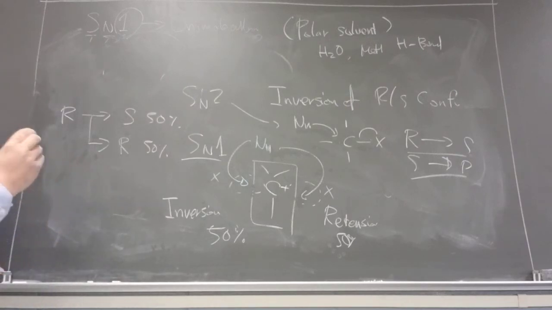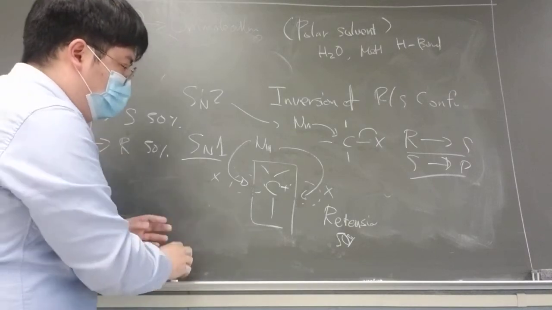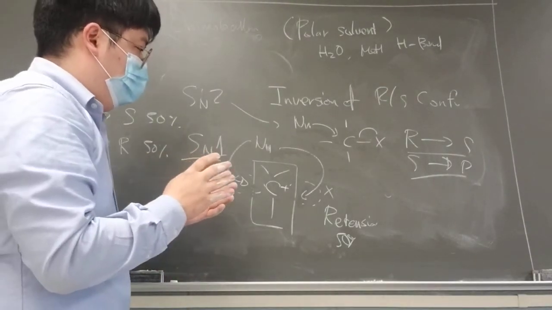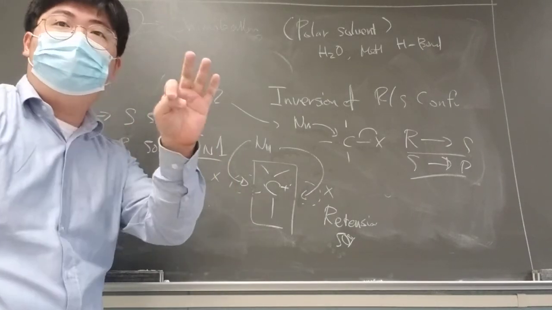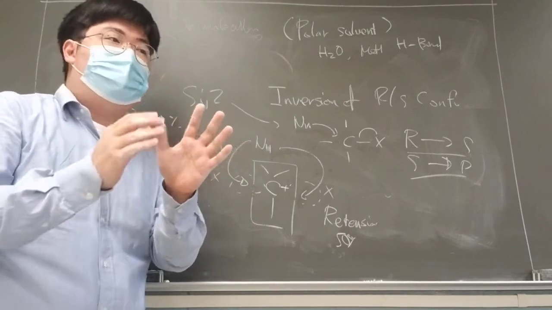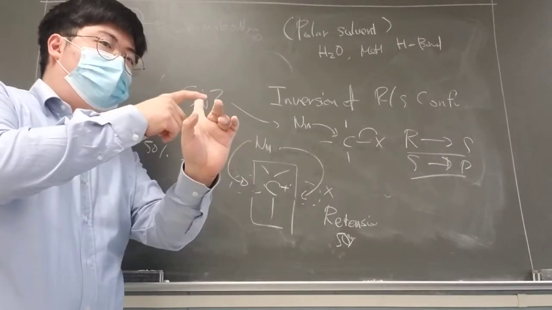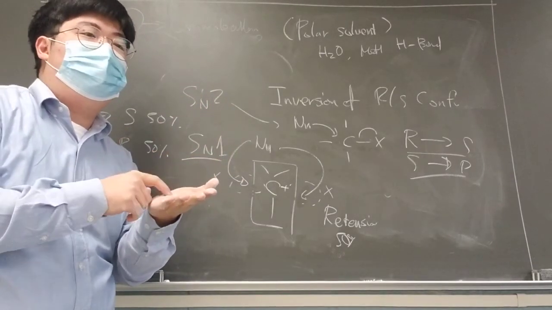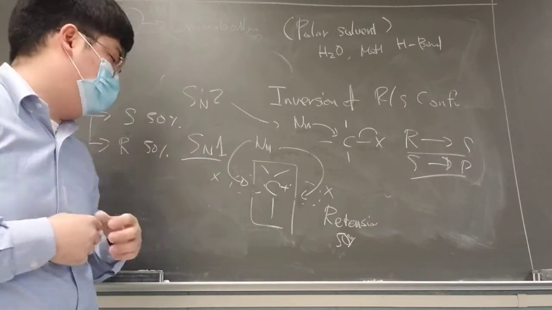But realistically, once again, do you guys remember, step 1 is slow, step 2 is really fast, right? So this is what we call SN1. Step 1 is what we call the rate limiting step, or rate determining step. That means this is the only step that actually determines how fast the reaction will be.